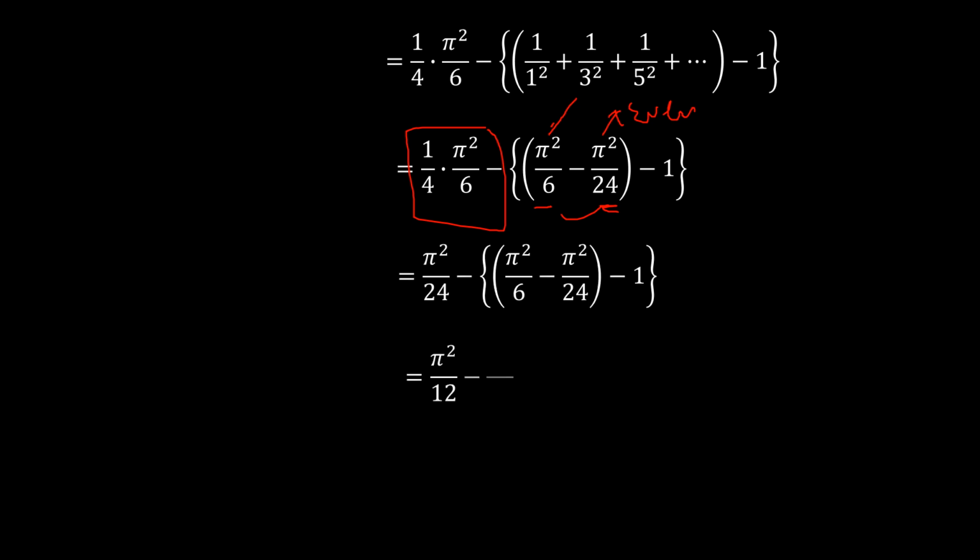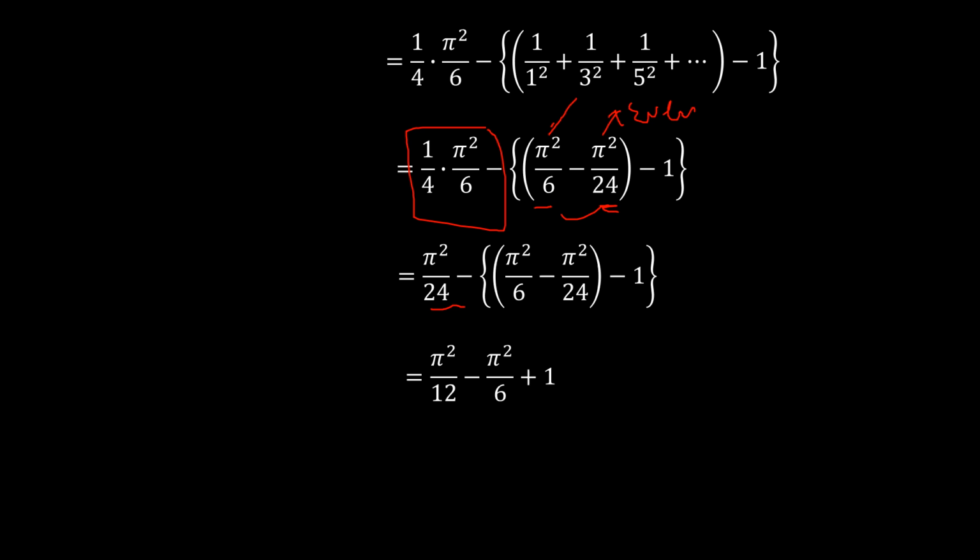And so just simplifying this further, pi squared over 24 from 4 times 6 here, and then here we have pi squared over 24. Since there's a negative and negative here, when you add these together, you get pi squared over 12.